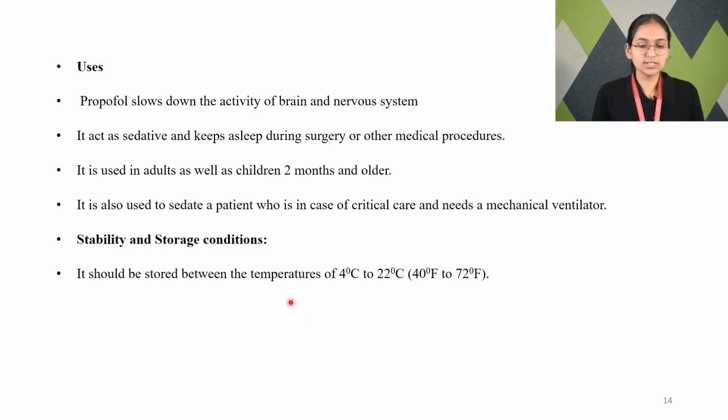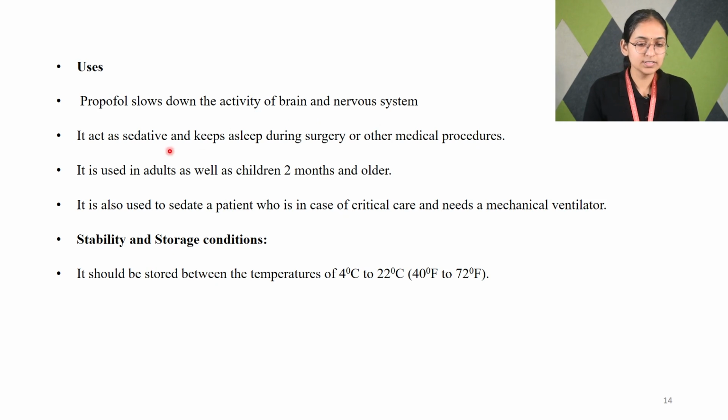Next is the uses. Now in the uses, propofol slows down the activity of the brain and the nervous system, as the main mechanism of action of the anesthetics is depressing the CNS first of all. So it is going to act on the brain and the nervous system, and slow down the activity of both.